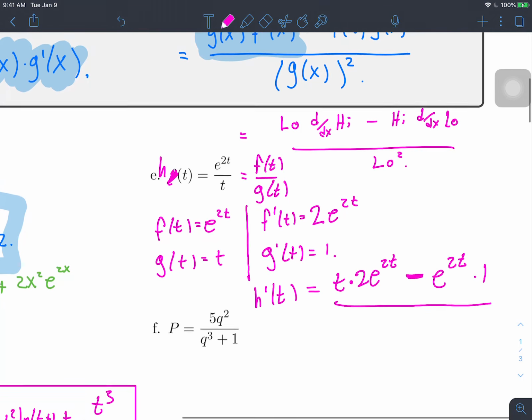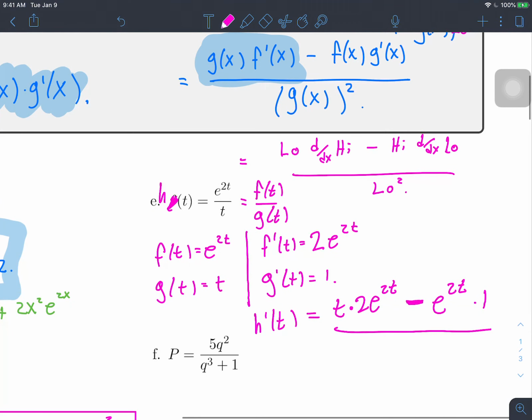And then we divide everything by g squared. What is g squared? T squared. G of t is t, so if I take that function and I square it, it'd be the same as multiplying t times t, and I would get t squared. So that's the quotient rule.